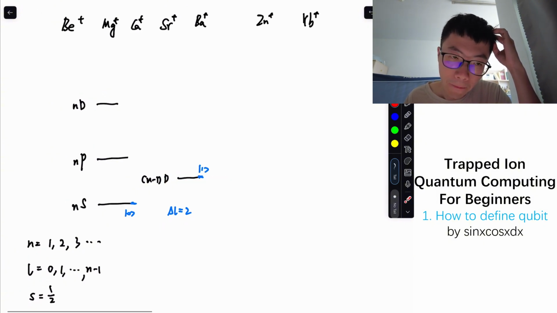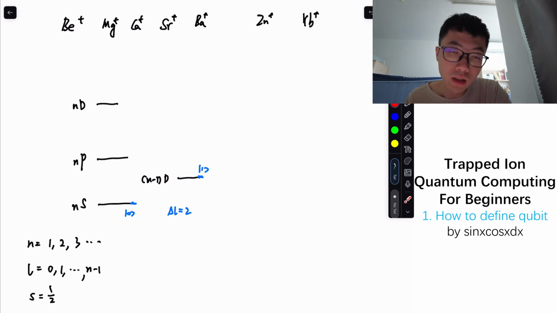During this time, the single qubit gate time could be typically 1 microsecond, and for a 2 qubit gate, it might be tens of microseconds. So it's still possible to have billions of gate operations during this coherence time if you don't think of other decoherence factors. So this could be a good choice to form a qubit.